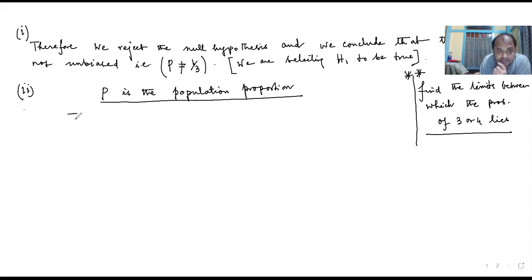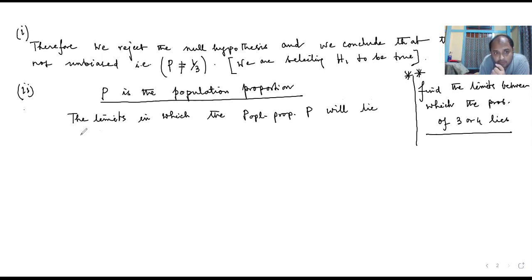The limits in which the population proportion capital P will lie will be given as P plus minus 3 under square root PQ by n.